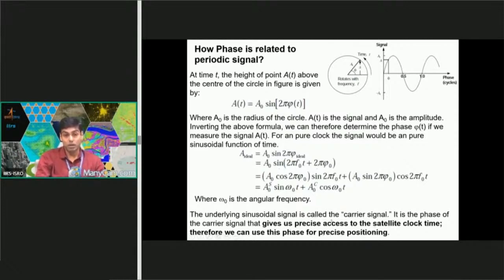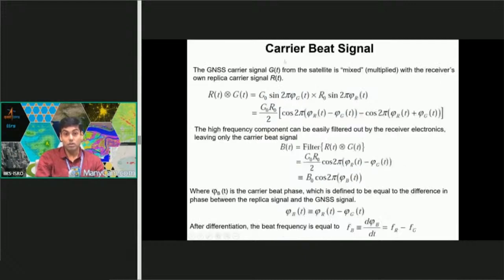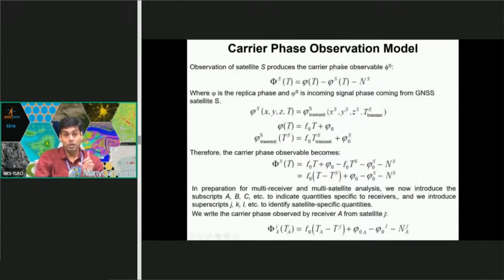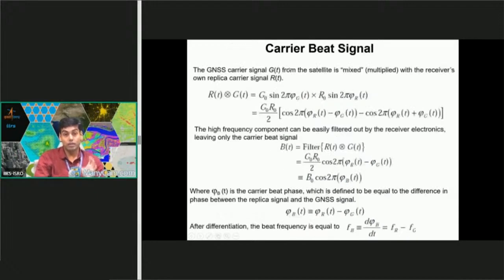and therefore we can use this phase for precise positioning. And now we will use this to derive the carrier beat signal, because ultimately we want this unit length. So how can we derive the unit length? With the help of the carrier beat signal. The carrier beat signal is associated with your replica signal, so it is not only the satellite signal.